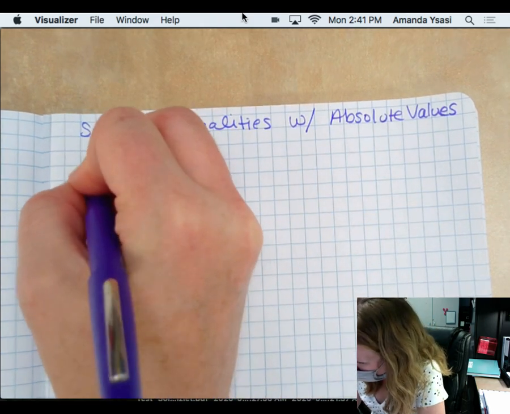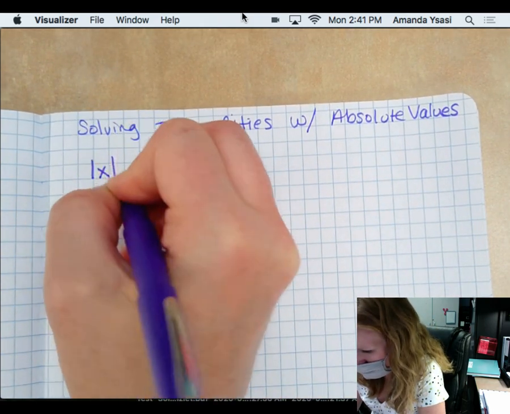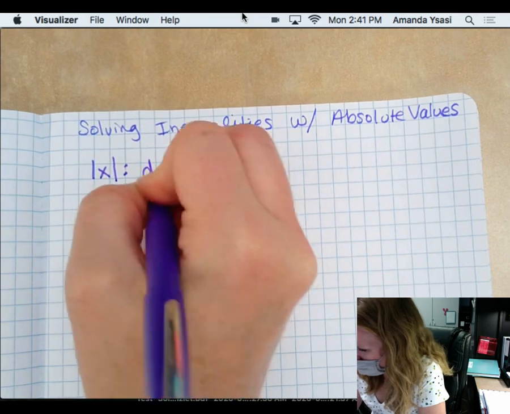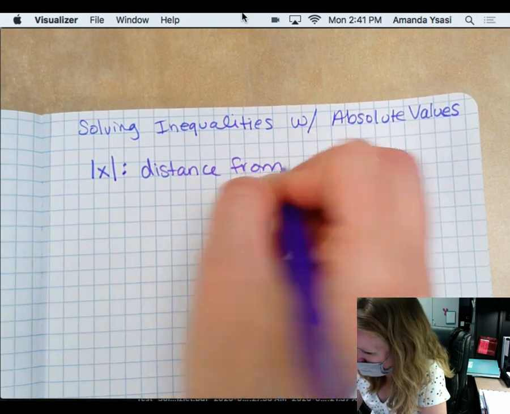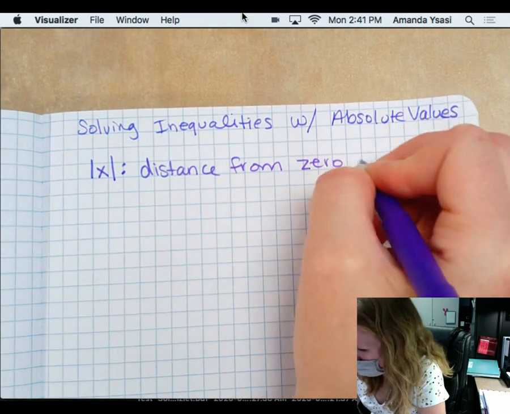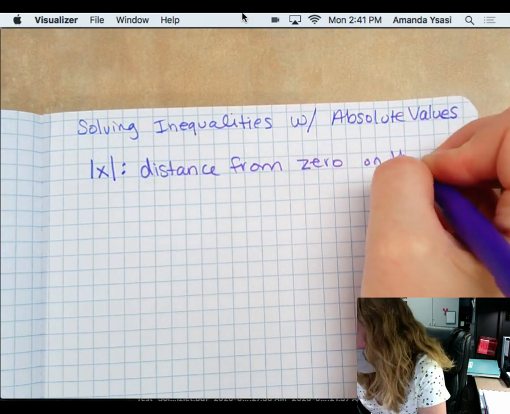So recall that the absolute value of x is the distance from 0 on the real number line.